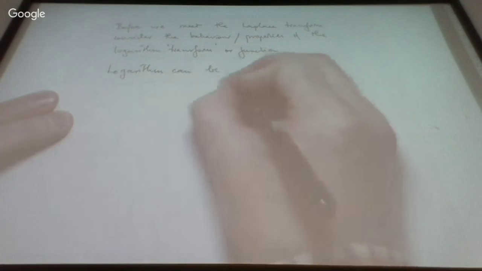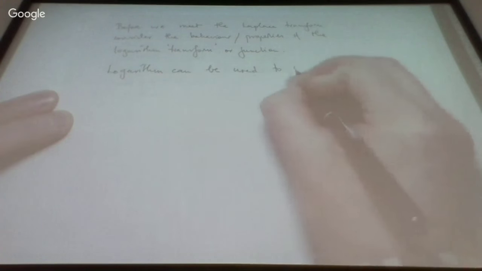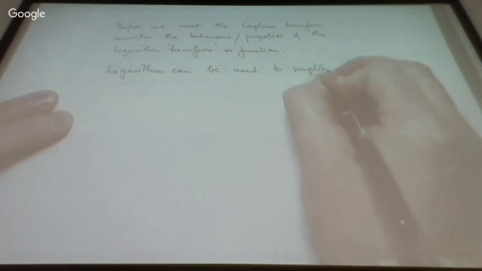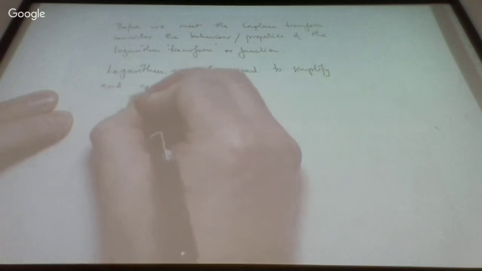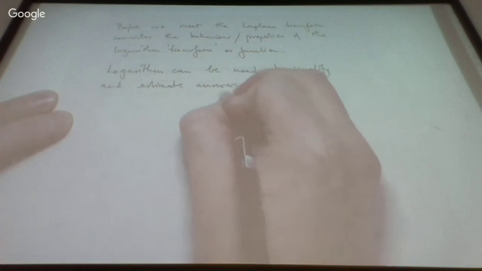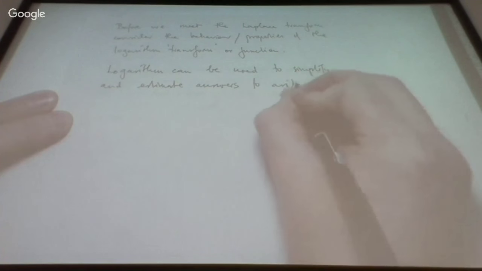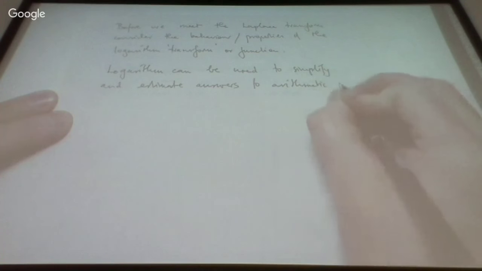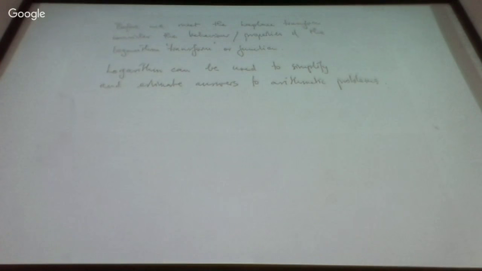So this is the way that the logarithm can be used to simplify and estimate answers to arithmetic problems. One way of viewing the logarithm is that it's a device that can allow you to do this, to simplify arithmetic problems and to get estimates for their answers.